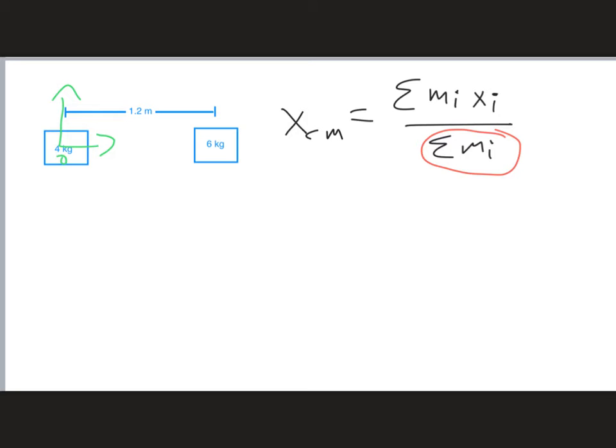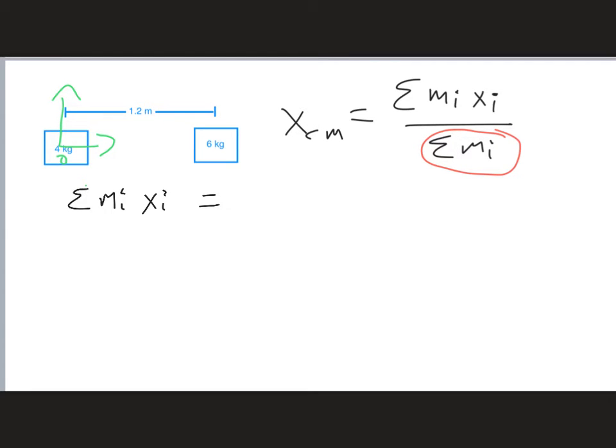Now my denominator is going to be the sum of all the masses. That's 4 plus 6. That's going to give me 10 kilograms. So I'm going to calculate this sum in the numerator and then divide it by 10 kilograms. Keep that in mind. But let's consider the numerator. We've got the sum of m_i x_i.